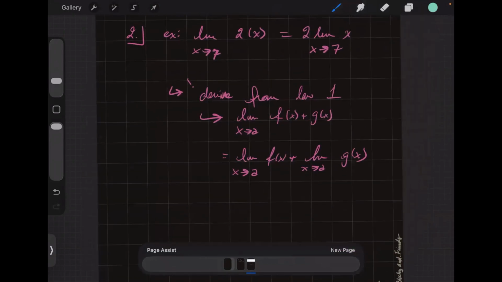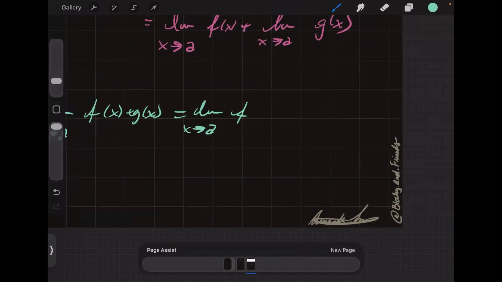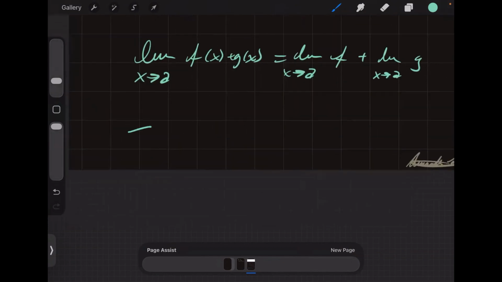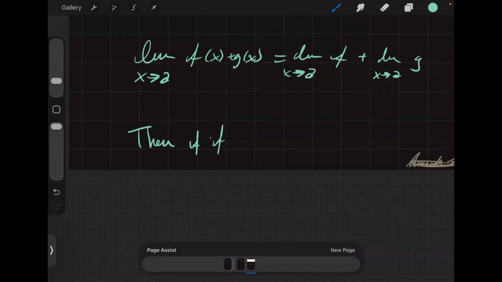Okay, so the way you do it is you rationalize to yourself that if the limit as x approaches a of f of x plus g of x is the same as the limit as x approaches a of f of x plus the limit as x approaches a of g of x, then if 2f of x is what you're looking at, you're really looking at f of x plus f of x.